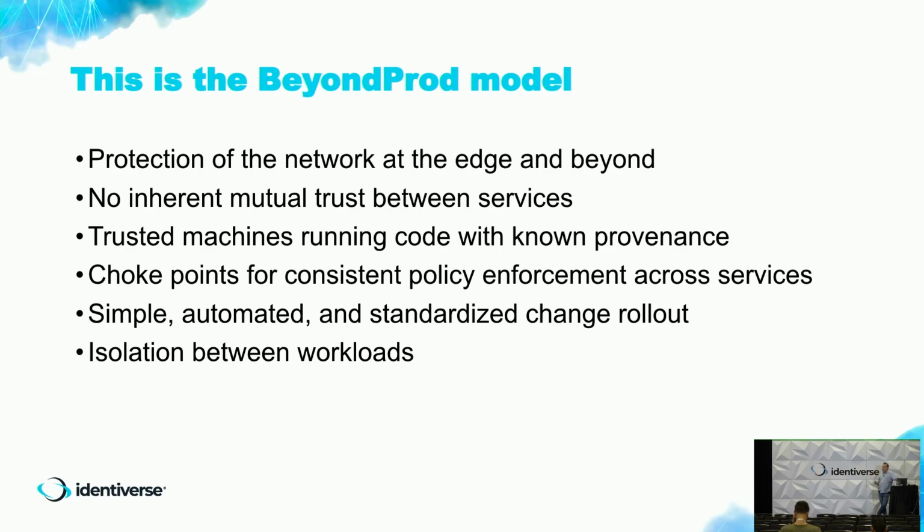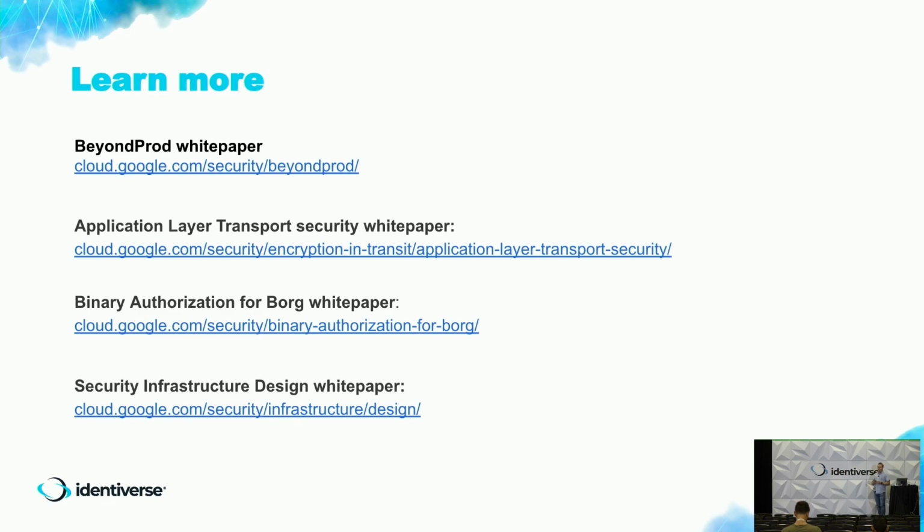Trusted machines running code with known provenance. We have these control points or choke points for consistent policy enforcement across services. Simple, automated, and standardized change rollouts. So when there's an issue in some upstream library, it should be trivial for anyone that recognizes it to rebuild and redeploy in a completely automated and repeatable fashion. And then we want isolation, of course, between different workloads.